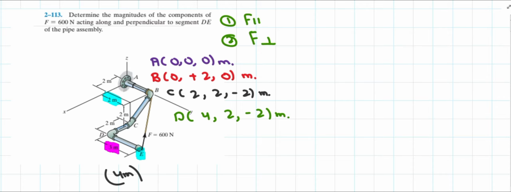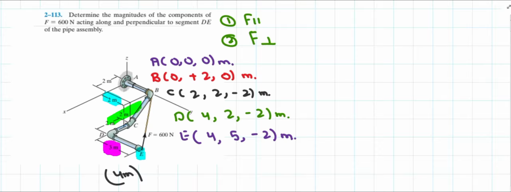And this 3 meter distance tells us that point E is 3 meter away from point B. So point E is 5 meter away from the origin, and it is indicating on the right hand side, so it is the positive y value present in point E. And lastly, this 2 meter distance is acting vertically downward, so it is the negative z value present in point E. So the location of point E can be written as 4, 5, negative 2 meter.